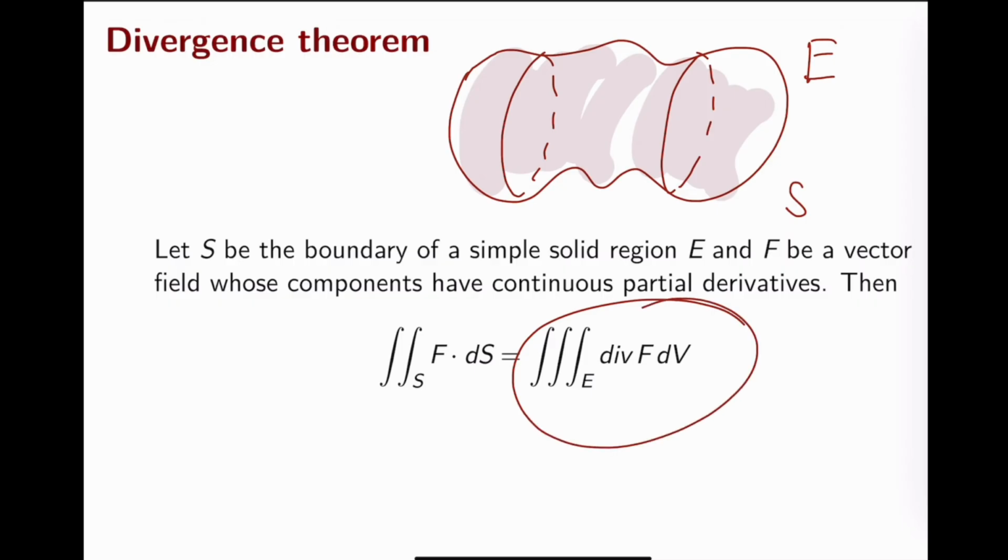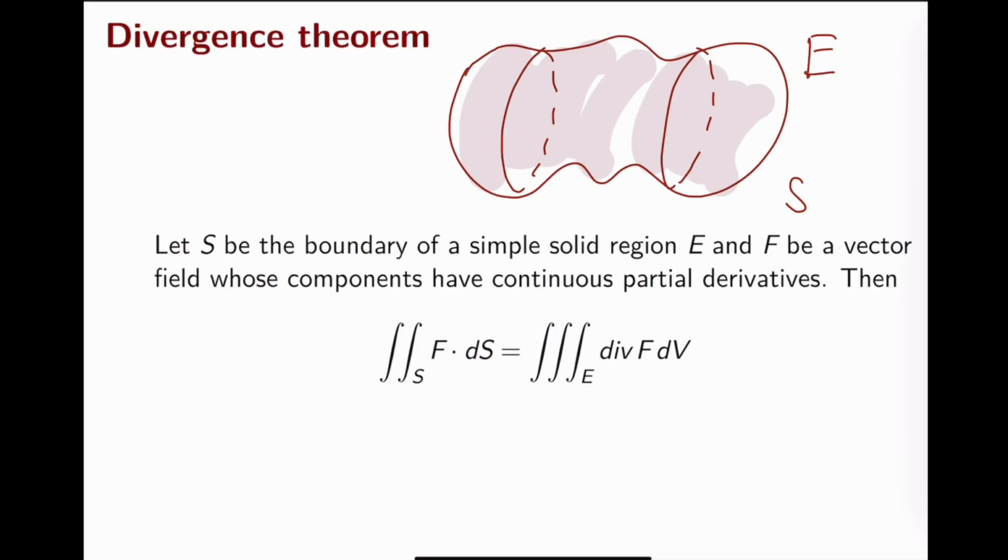So in that way, this is a simple triple integral that you know how to calculate. So the divergence theorem gives us an alternative to calculate the surface integral: instead of directly, by calculating a triple integral over the solid enclosed by the surface.